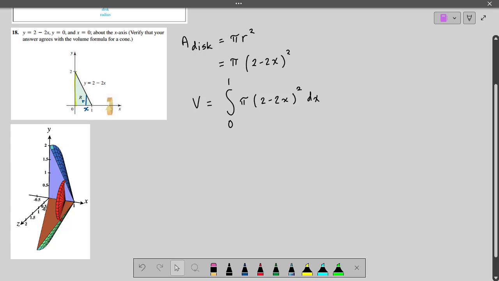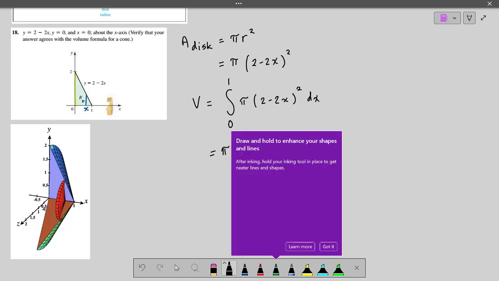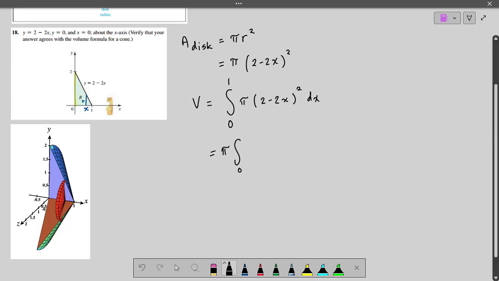So to integrate here, probably the most natural thing to do is to FOIL this out. So we are going to pull out the pi, and then when we square this out, we'll get 4x squared minus 8x plus 4, and we'll integrate that with respect to x.